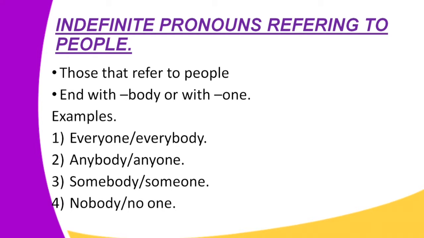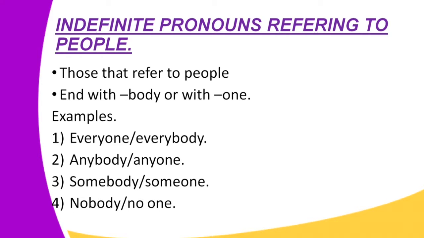Of course, there are certain indefinite pronouns that you cannot use on people, and ones that you cannot use on objects. For example, you cannot refer to a person as something or anything, or a pronoun that has thing. When we talk about people, we can always use the pronoun everyone.